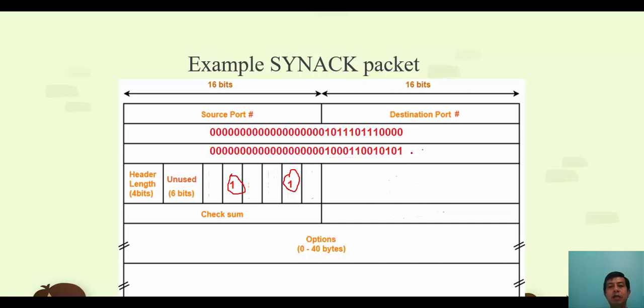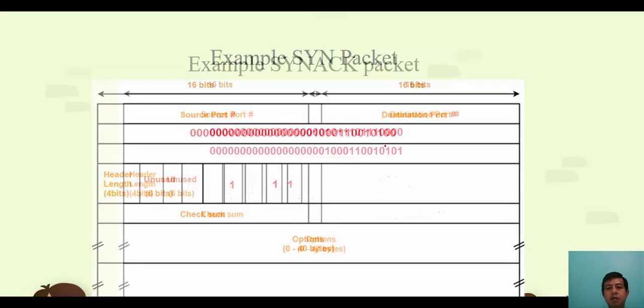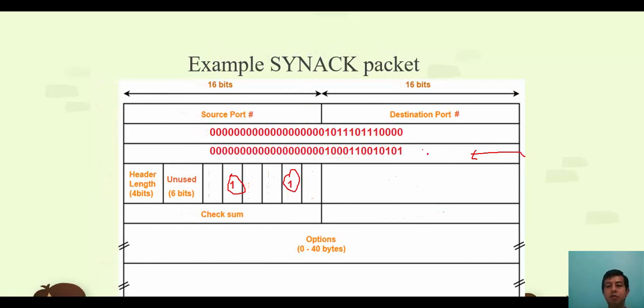Now it has incremented by 1 the sequence number it has received from A and it puts it in the acknowledgement number field. If you look back, this sequence number it has received from A, it increments by 1, and whatever the value is, it inserts it in the acknowledgement number field.